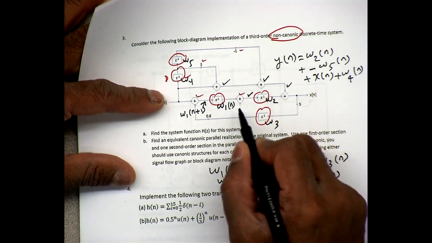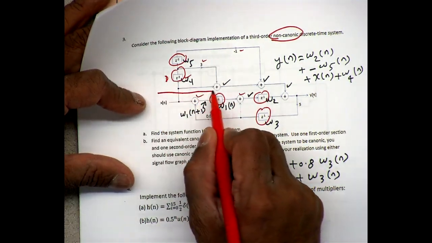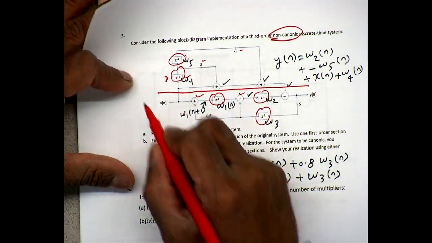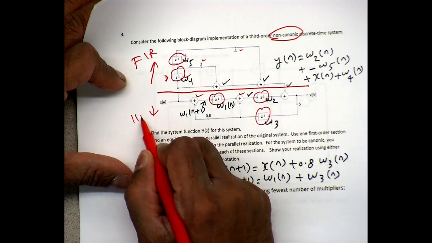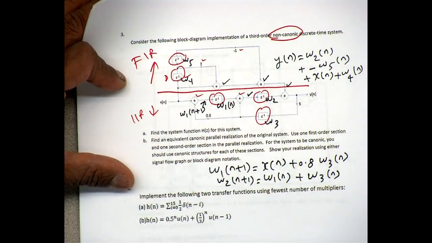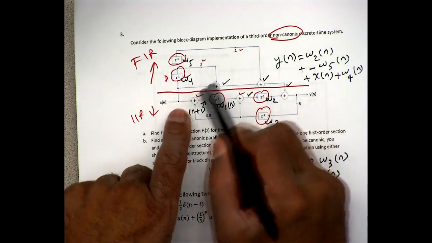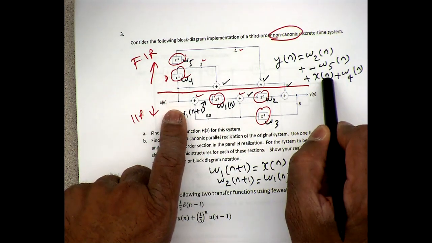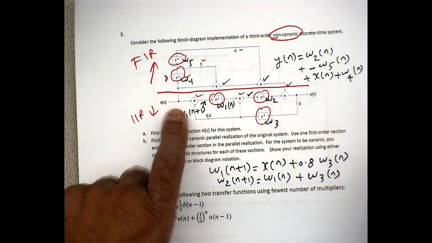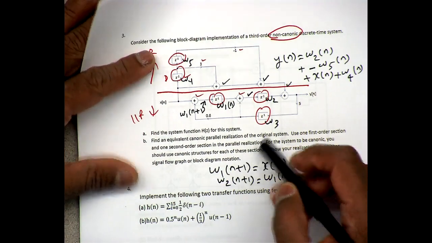Okay, so essentially what I see here is this top part is an FIR part and the bottom part is an IIR part. That means all data flow on the top path goes from the input to the output without any feedback loops.